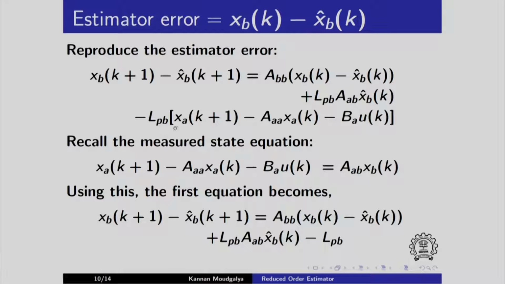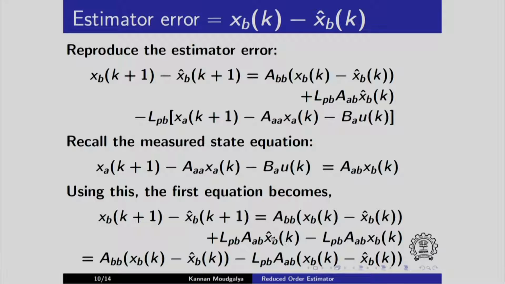So minus LPB, and in this place I put this last term. I have AAB into XB. Now I can group these two. So the first term is written as it is. The second term has, after grouping XB and XB hat, I get this expression.